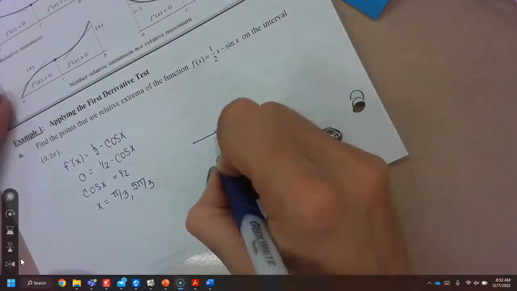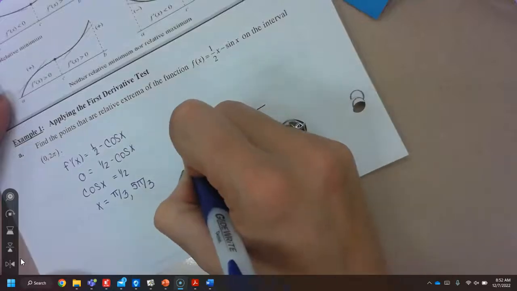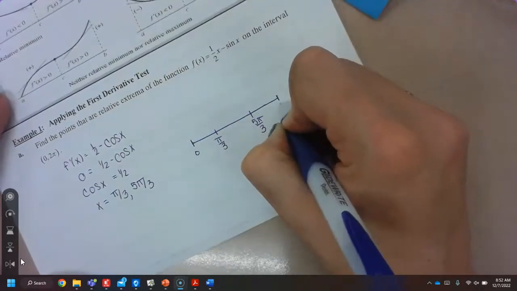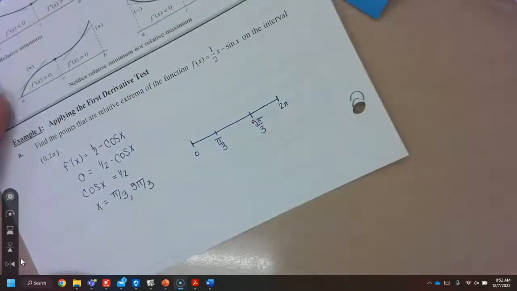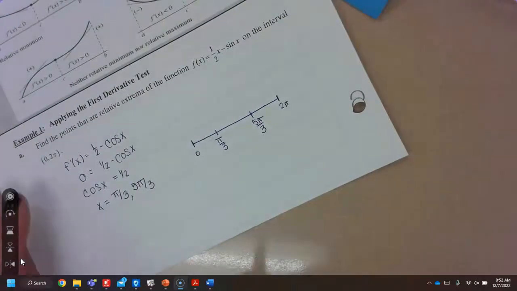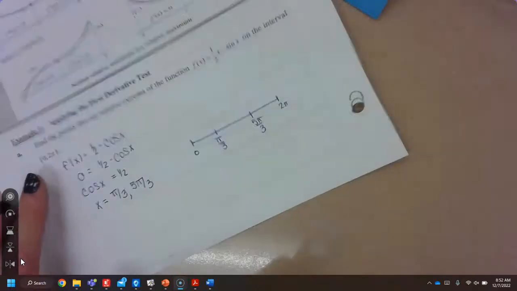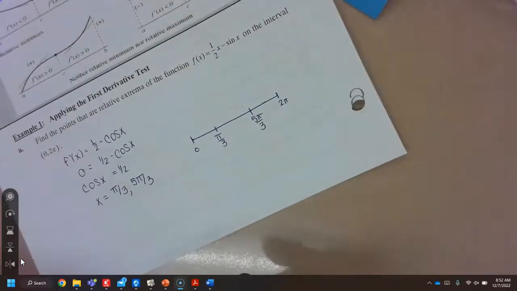All right, so what's something less than pi thirds, but greater than 0? It can't be 0 because 0 is not included in our interval. You could also do pi fourths. Any of those are fine.